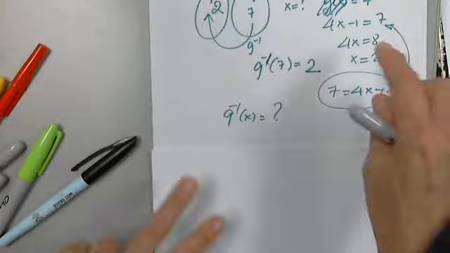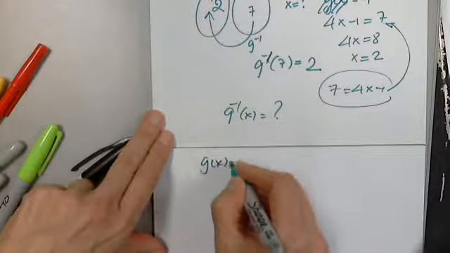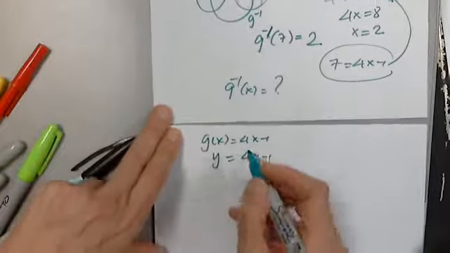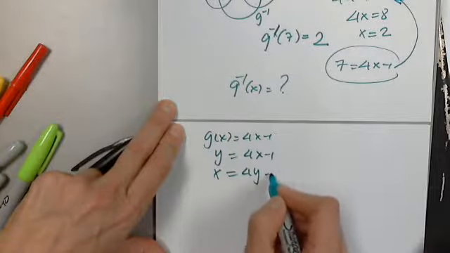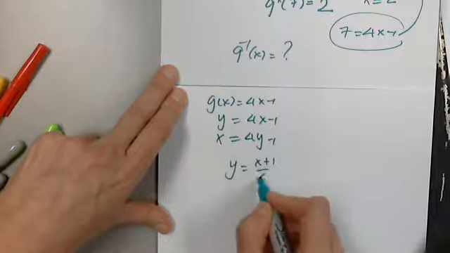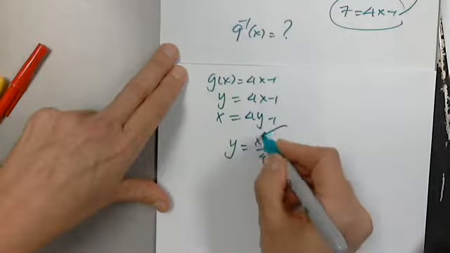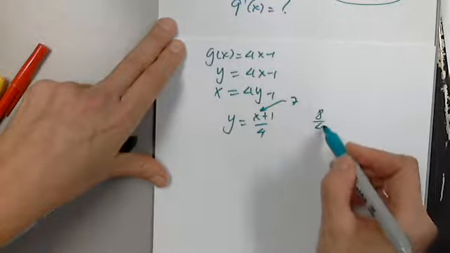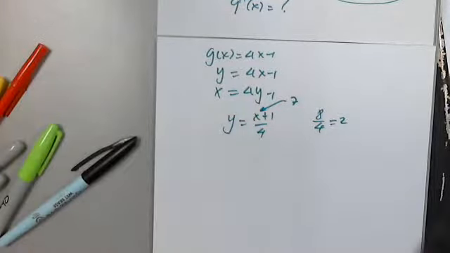So quickly, I have g of x equals 4x minus 1, y equals 4x minus 1, x equals 4y minus 1. I add and divide, so y equals x plus 1 over 4. So if I plug in 7 in here, I get 8 divided by 4, which is 2. It's a very good method.